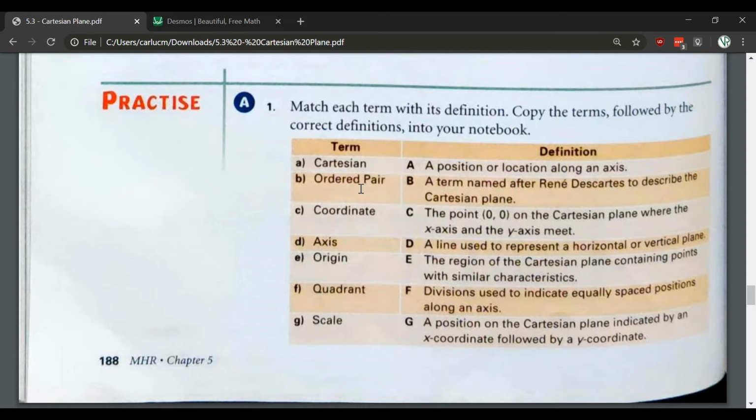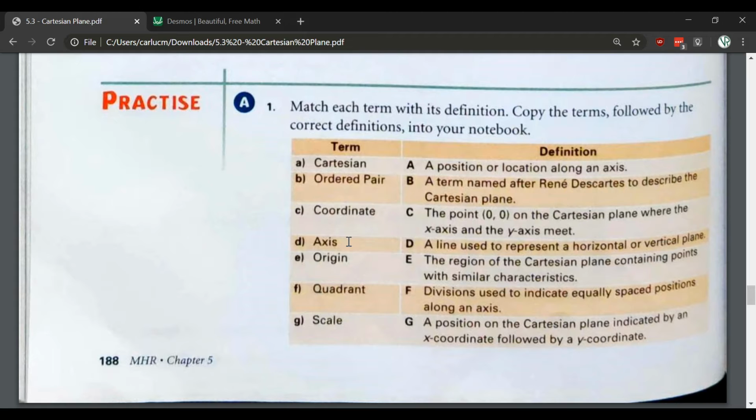In the next one, an ordered pair is another important one. So an ordered pair is always going to be written in a set of parentheses, but it's a position on the Cartesian plane indicated by an x coordinate followed by a y. So it's always in alphabetical order, x, y, and those will be in parentheses, as you'll see in a moment. The axes are another key area there.